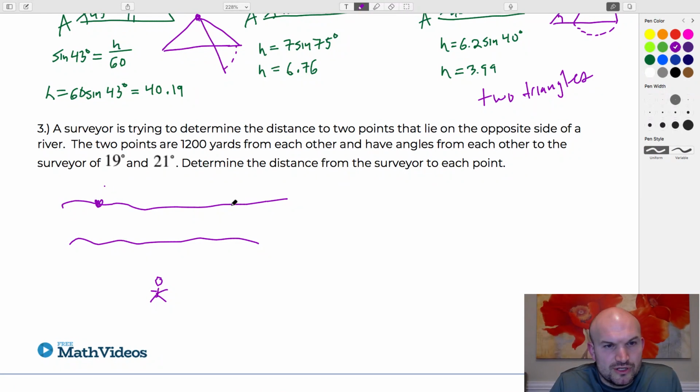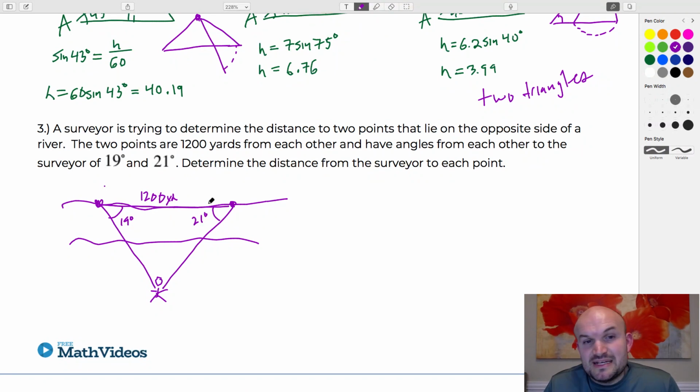So let's draw two points across the river, and let's say that distance is 1,200 yards. The angles from each other to the surveyor are 19 degrees and 21 degrees.